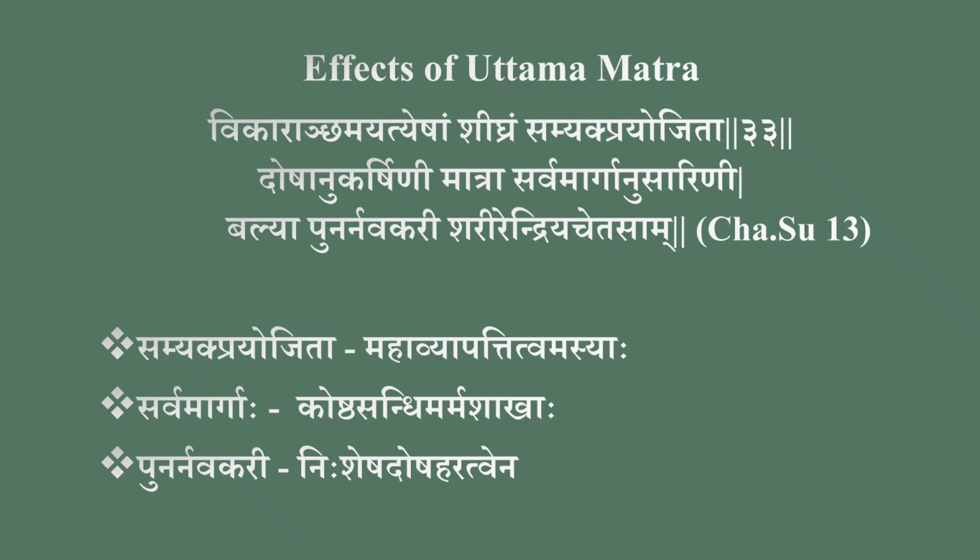Sarva Marga means Koshta, Sandhi, Marma, Shakha. Every channel is related to all the Srotas, Abhyantara, Bahya and Madhyama Srotas. Punarnavagari is Nishesha Dosha Haratva. It will remove all the doshas. Then it will refresh the body. That is Uttama Matra Prayojana.